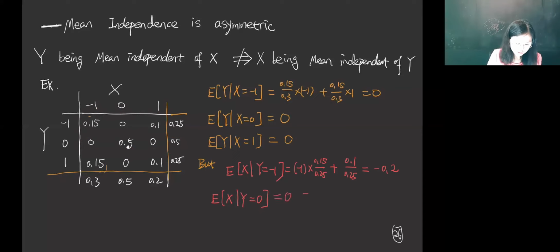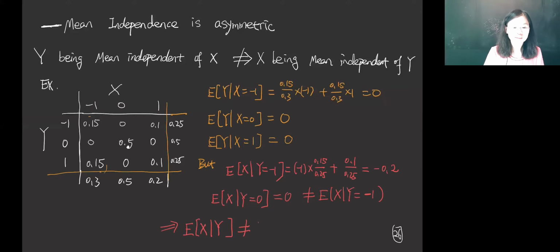And that's not the same as the conditional mean of x given y equals -1. So the conditional mean of x given y is not a constant. So it cannot be equal to the unconditional mean of x.